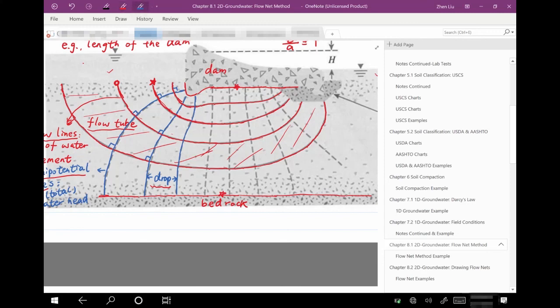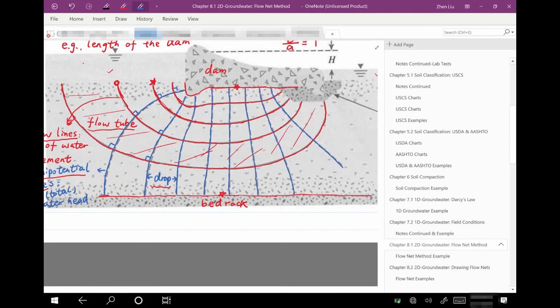And let me mark all the equal potential lines. So first, let me mark the equal potential lines inside the soil. Actually, there are two more equipotential lines that we need to know about.